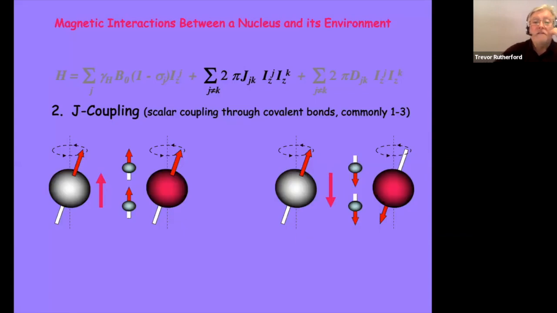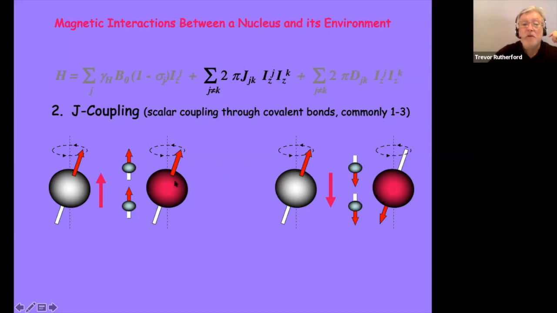The second effect that we wanted to look at was J coupling. This is an effect that is transmitted through covalent bonds. So actually the effect is transmitted by the magnetic field from the covalently shared electrons. And so what we have is the frequency or the environment that we see this spin in can either be enhanced or it can be opposed, slightly shielded, by the effect of the magnetic fields in the covalent bonds.